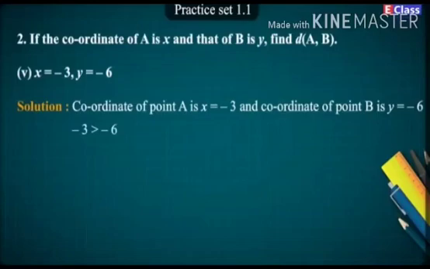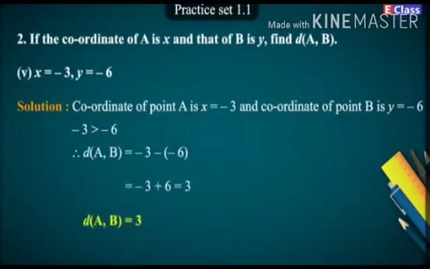Minus 3 is greater than minus 6. Therefore, distance of AB is equal to minus 3 minus (minus 6), which is equal to minus 3 plus 6, which is equal to 3. Answer. Distance of AB is equal to 3.